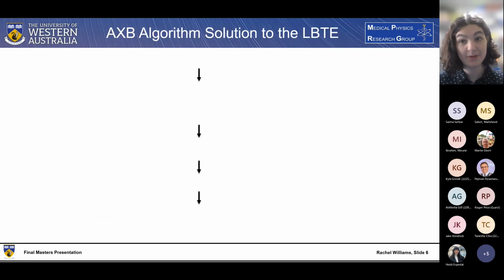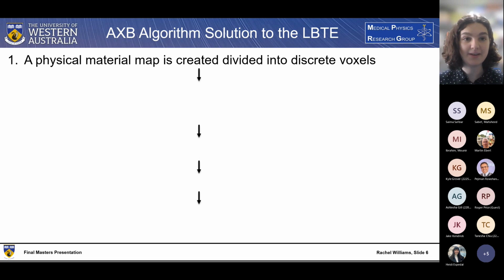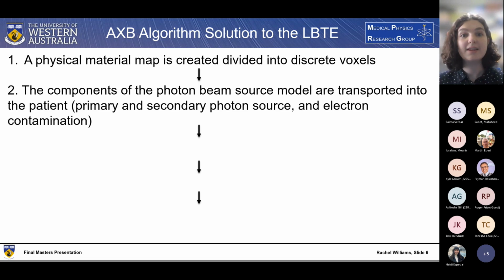The AXB algorithm solves the linear Boltzmann transport equation according to the following steps, starting with the creation of a physical map of the patient, which is divided into discrete voxels. Then the components of the photon beam source model are transported into the patient. These components include the primary and secondary photon source and electron contamination.